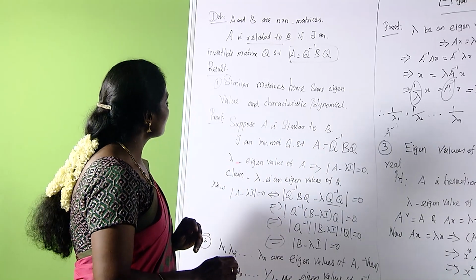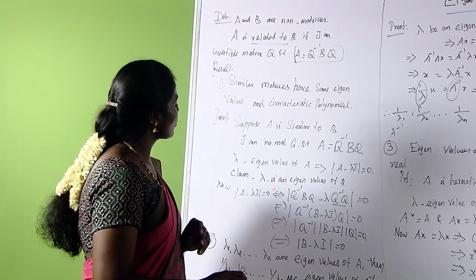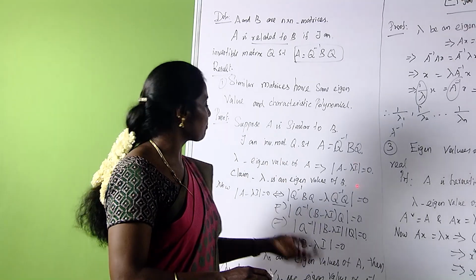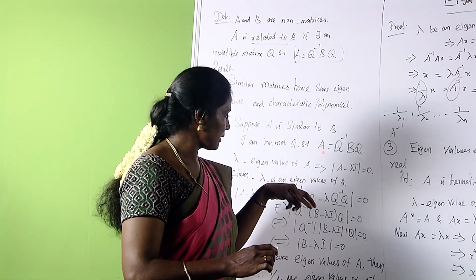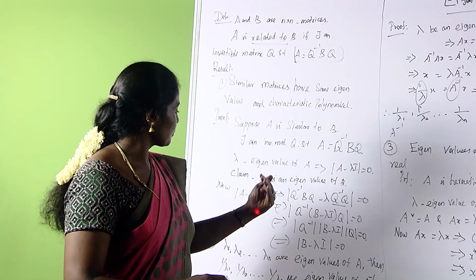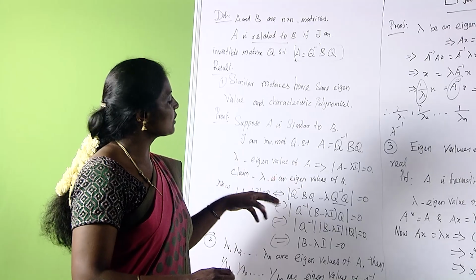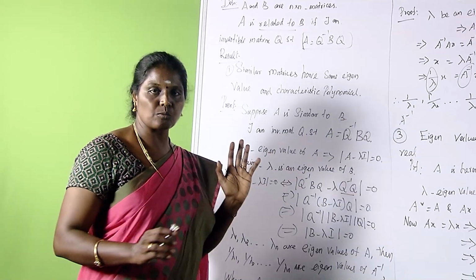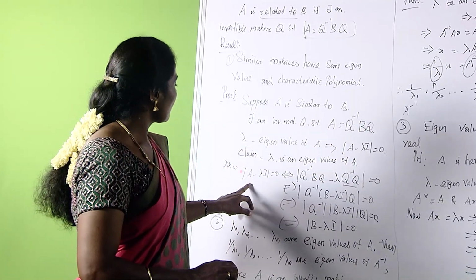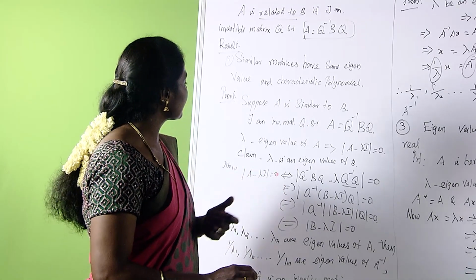Now, let lambda be an eigenvalue of A, and we are going to show that lambda is an eigenvalue of B, because similar matrices have the same eigenvalues. First, we take the determinant, that is modulus of A minus lambda I equal to 0.